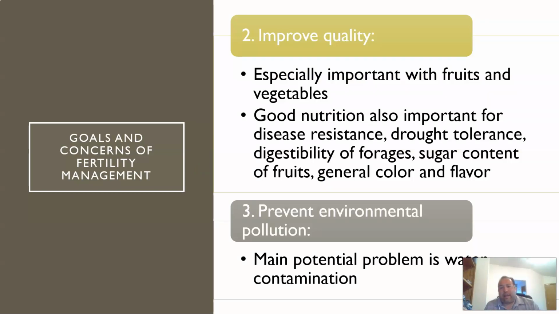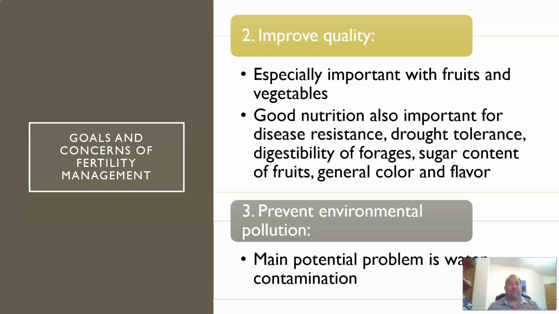Another goal that you'll have is to improve the quality of your crop, especially with fruits and vegetables. Whenever I go to the grocery store, I see people at the grocery store as well. They're touching everything. They're looking at it, and if there's any bumps or bruises or anything, it goes right back. So people are really picky.